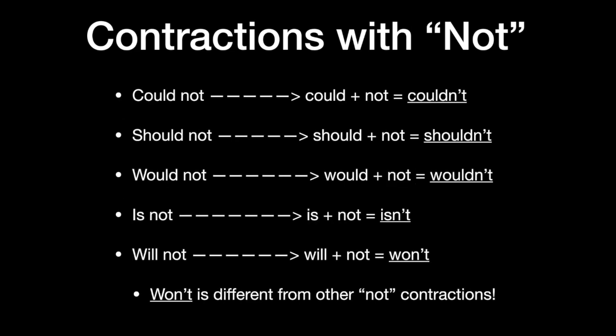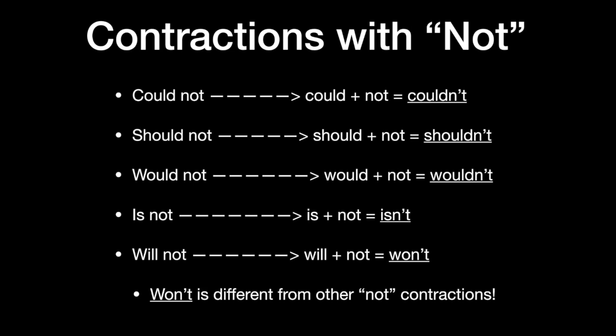Here's some more contractions with the word not. Could not becomes couldn't, should not becomes shouldn't, would not becomes wouldn't, is not becomes isn't, and then this last one is a little bit different. Will not becomes won't.